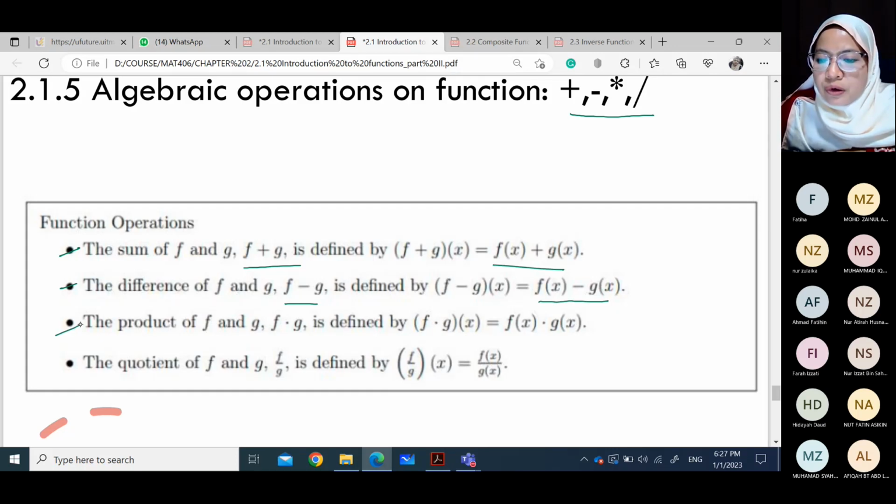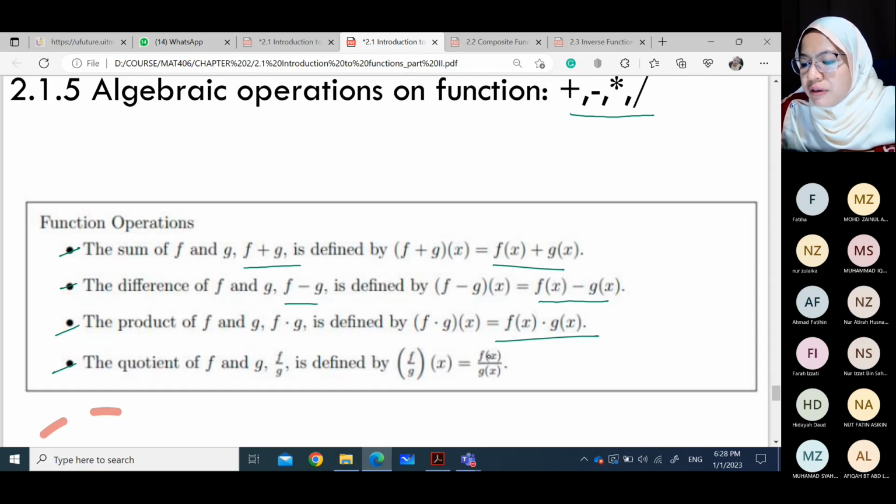Okay, so for product ataupun multiplication, so f dot g. So dot g ni maksudnya adalah multiplication, multiply ya. So it is defined by (f dot g)(x). So it is equivalent to function f multiplied with function g. Okay, and the last one is about quotient. So if we have f over g, it means function f divided by g.